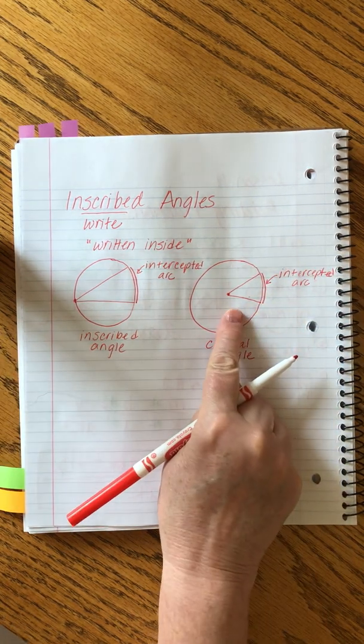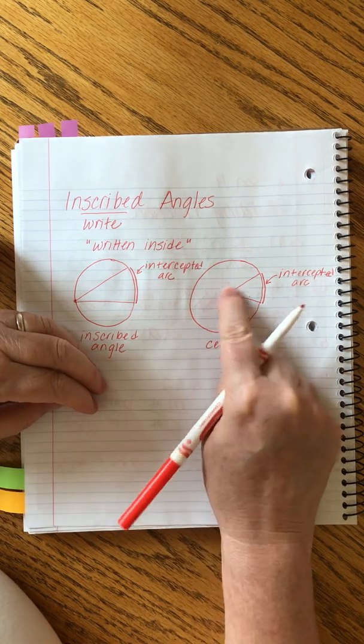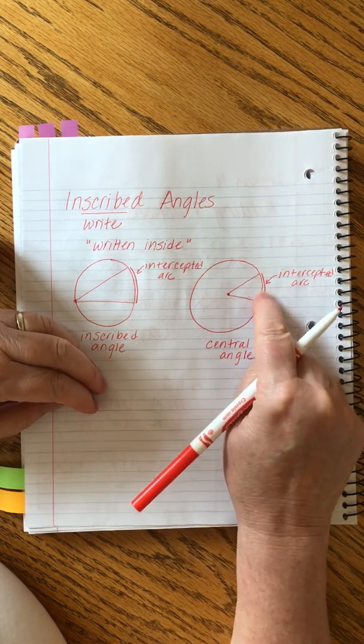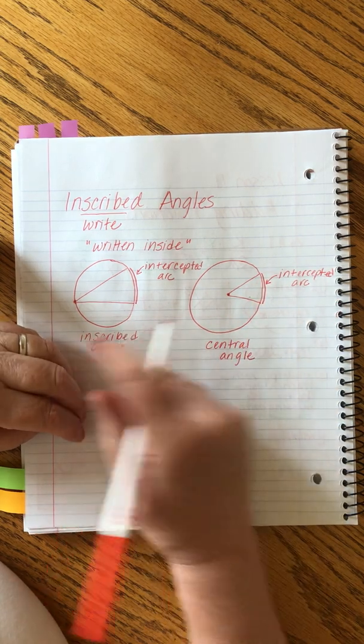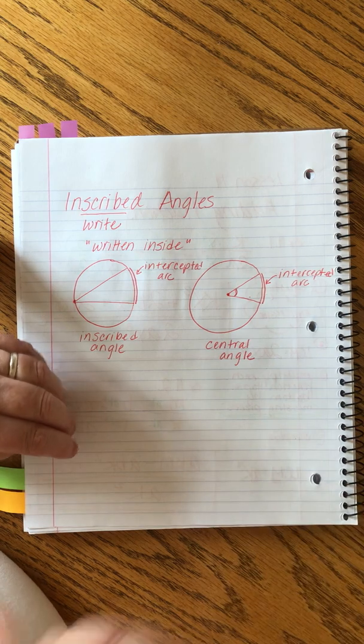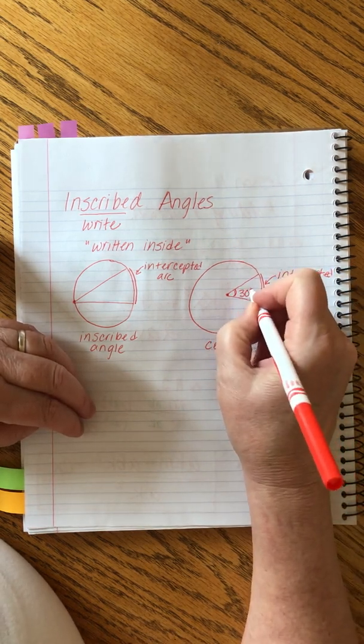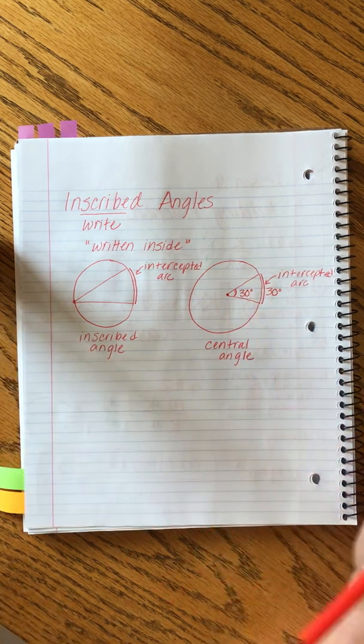If you see this as a Pac-Man, which P.S. I do, if you see that as a Pac-Man, then that's the bite that he's taking out of the circle. This is what we call the central angle, okay? And in these, I'm just making up numbers, I don't know that these are true. The central angle is the same size as the intercepted arc.